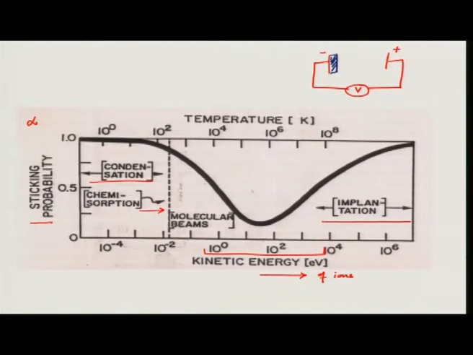Positively charged ions are accelerated towards this, and result in sputtering of these atoms from the target, and we can keep our substrate at any place where they will reach and form a thin film.